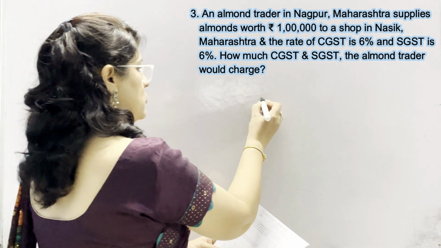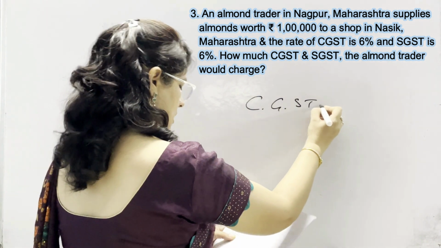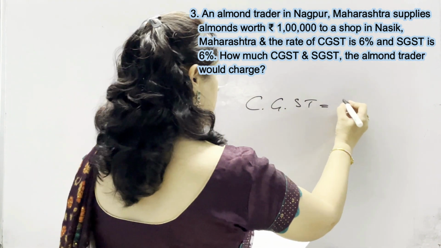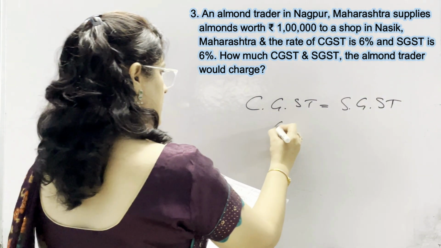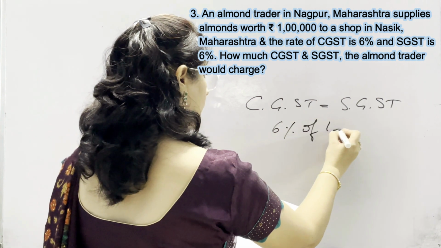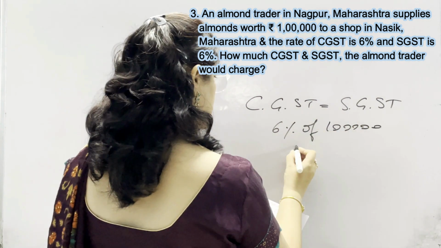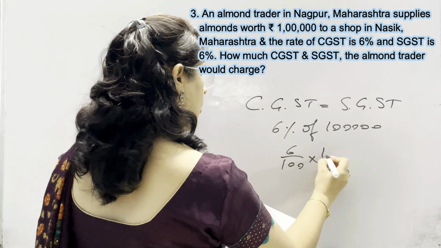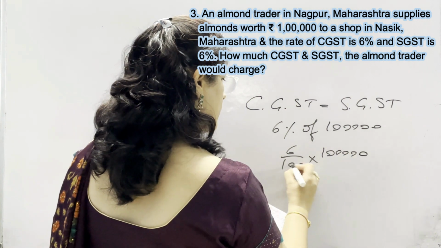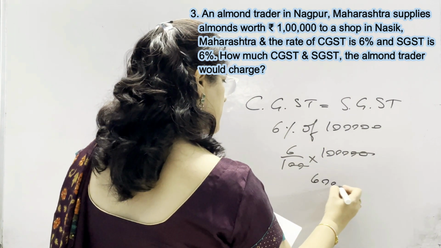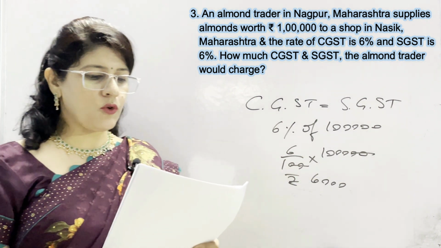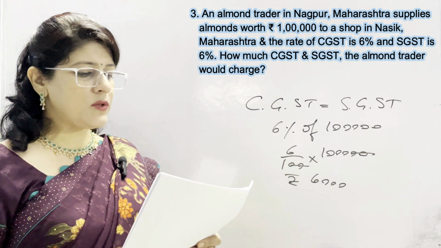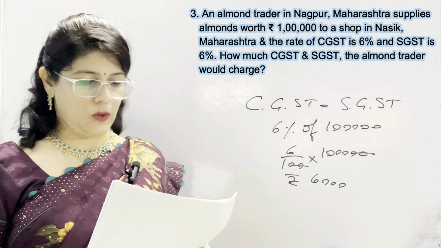We know the rate of CGST is equal to the rate of SGST, which is 6%. So 6% of 1 lakh. Lakh means 5 zeros. So 6% of 1 lakh, 2 zeros cancelled, comes out to 6000 rupees. So we will write CGST is 6000, and SGST is also 6000.